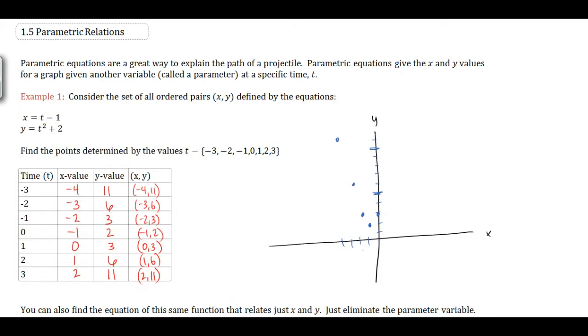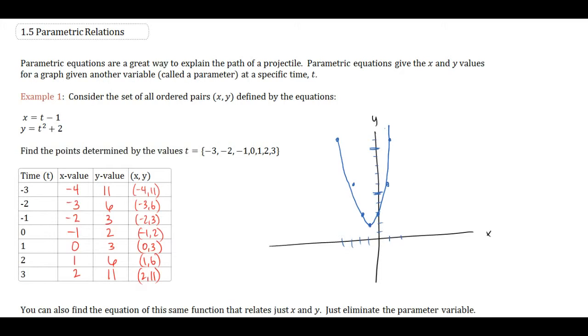And then in 2 seconds from now, it would be at 1, 6. And then at 3 seconds from now, it would be back up at 2, 11. So that's the path of something, right? A bungee jumper or whatever. And so we can follow how close they get to the ground. And there is the path that this thing takes. And that's what parametric equations are. Again, using time to graph a function.